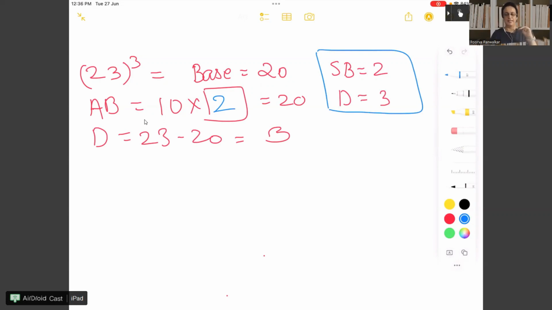While we are finding the answer, we are going to divide the final answer into 3 different parts. So the first term is 23 plus 2 into 3, that is 2, the sub base, multiplied by the deviation, multiplied by the square of the sub base.